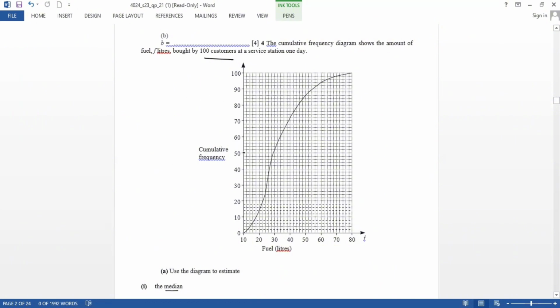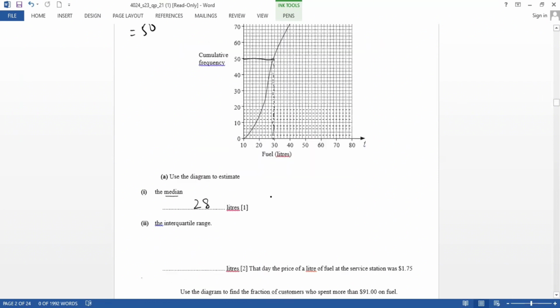So at 50, 100 multiplied by 50% is 50. That means at cumulative frequency 50, we'll read the fuel liters. That is 28 liters.